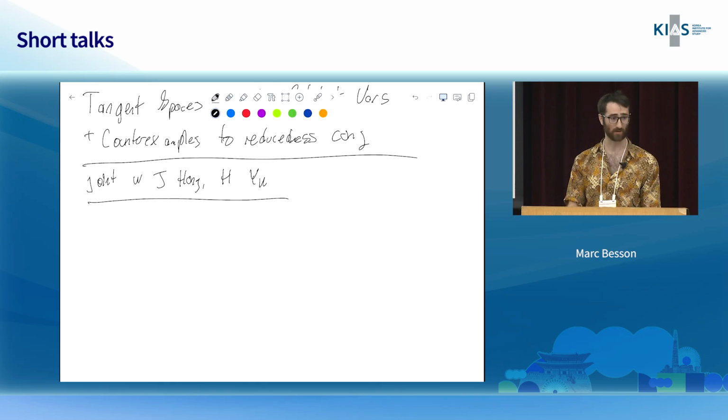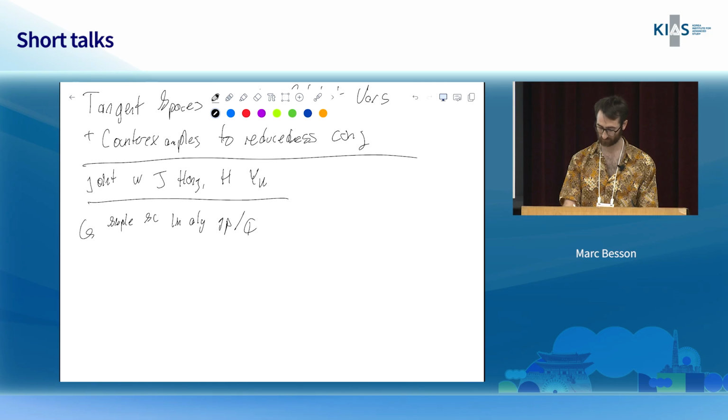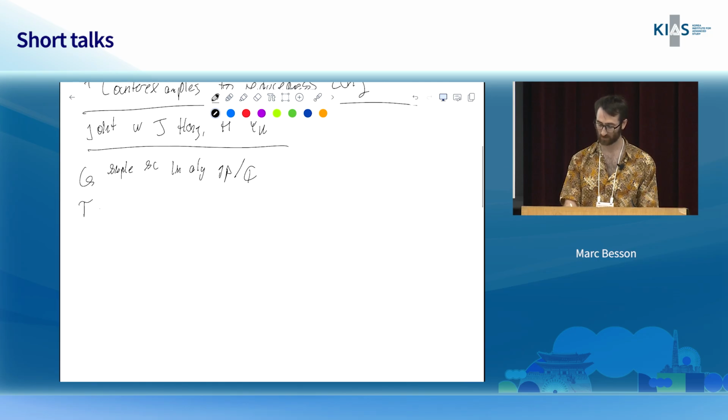Okay, so I'm going to start in the following situation. I'm going to take G to be a simply connected linear algebraic group over C. And I'm going to fix a maximal torus inside a Borel inside G. This way I can talk about the cocharacters and the characters.